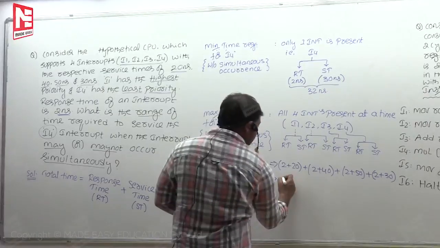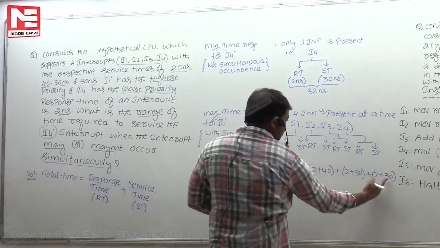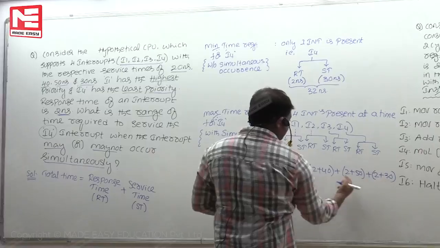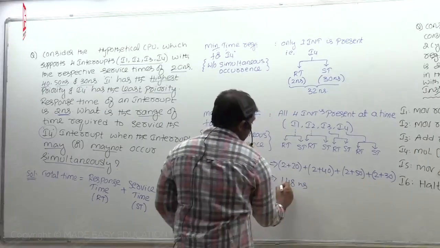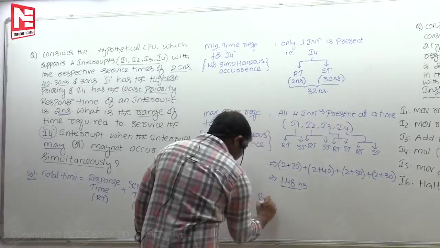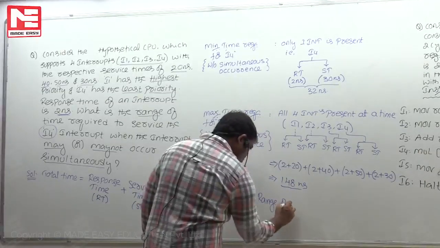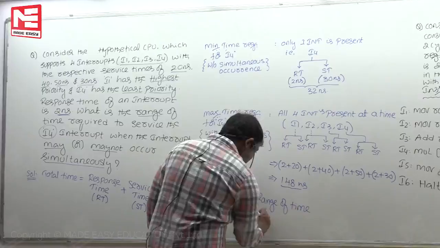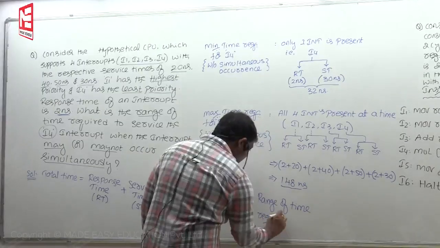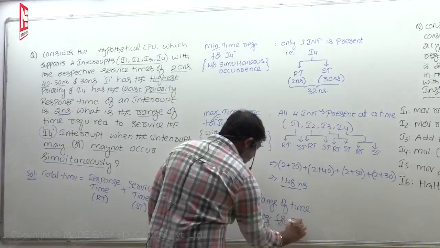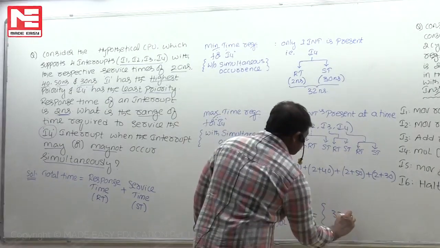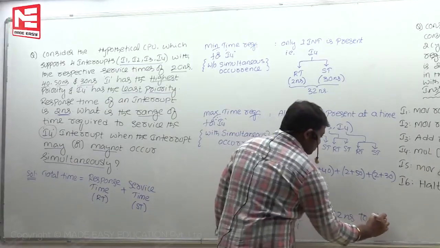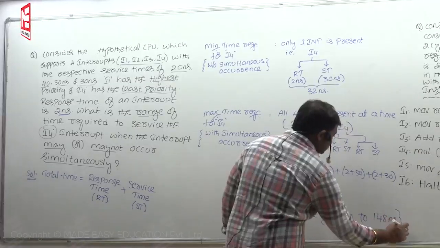How much is it? 30, 20, 50, 50, 100, 148 nanoseconds. Understand? So range of time required for I4 equal to 32 nanoseconds to 148 nanoseconds. Is it clear?